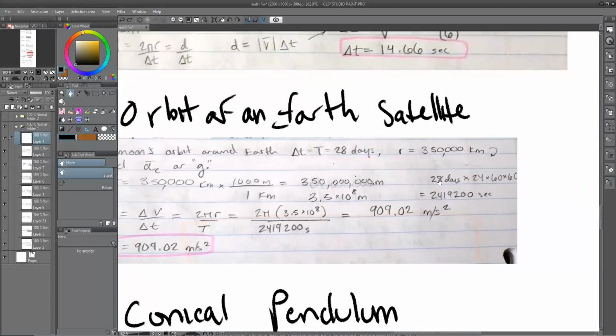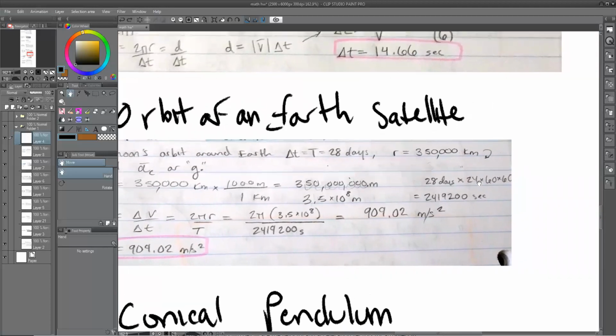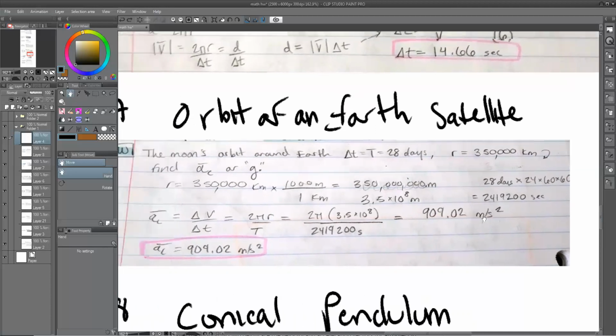And then we know that within 28 days, there's 24 hours. Within 24 hours, there's 60 minutes in an hour. And within each minute, there's 60 seconds. So if I multiply it straight through, we have a lot of seconds. I believe it's 2,419,200 seconds.